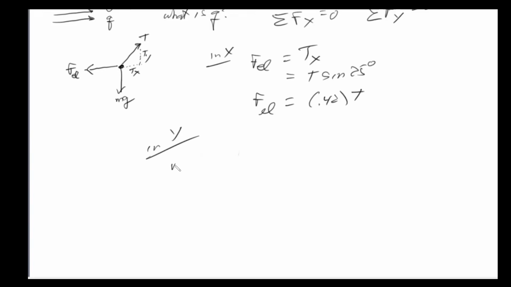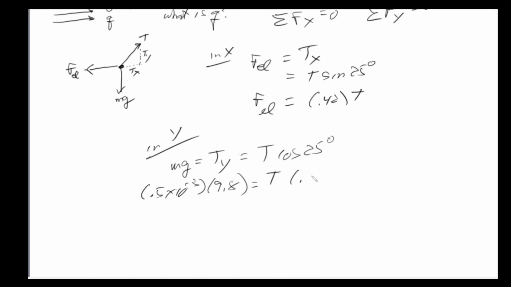Now let's look in the y direction. In this case, the weight of the ball has to equal the tension in the y direction, which is equal to T times cosine 25 degrees. Well, we know the weight of the ball, which is 0.5 times 10 to the minus 3 kilograms times g, and that is equal to T times 0.91. So we can solve for T now, and we get T is equal to 5.4 times 10 to the minus 3 newtons.